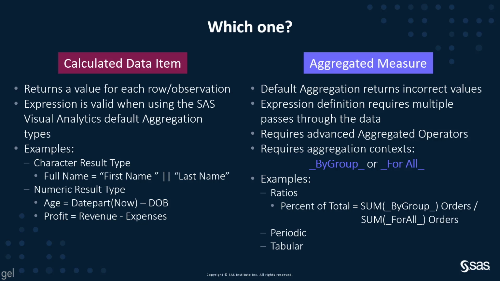And then a few examples. One we looked at was a ratio, so the percent of total, where you have the sum by group divided by the sum for all. Then the periodic operators, which we didn't look at in this demonstration. And then the tabular operators, which we did look at for the aggregate cells for the cumulative total.